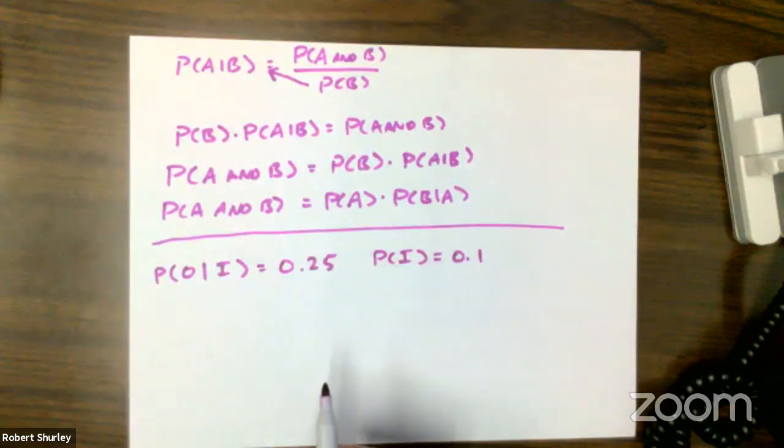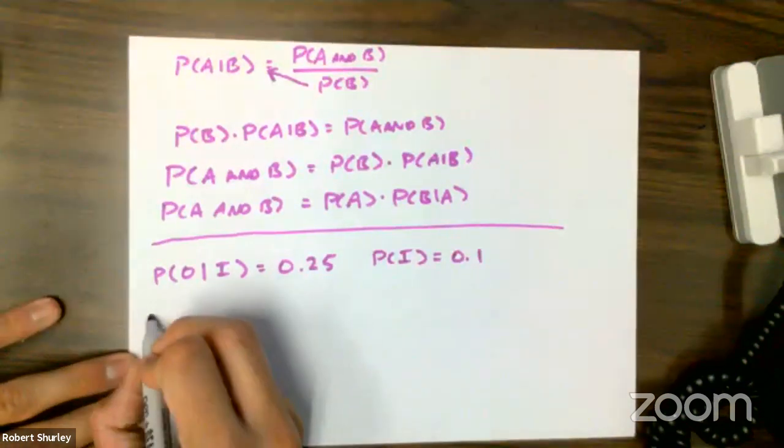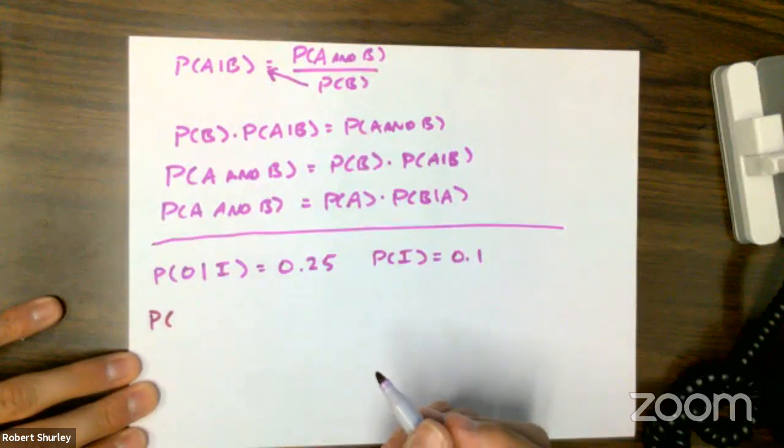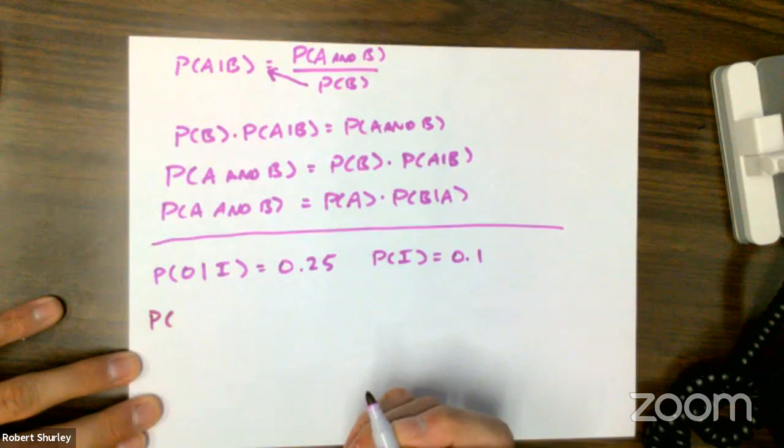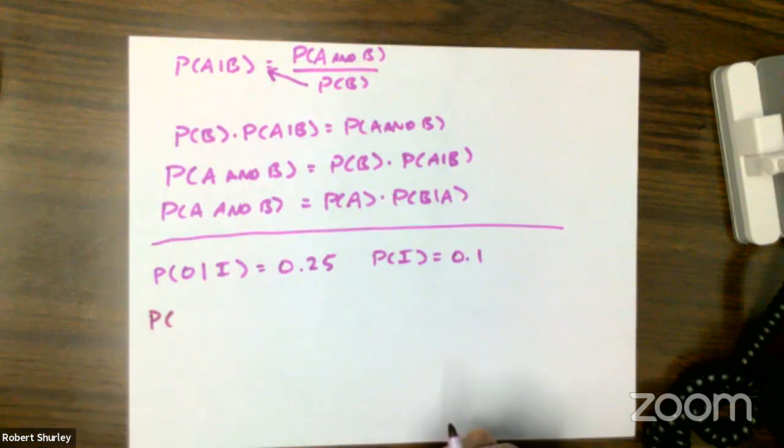But let's see. The question says, find the probability that an applicant is offered a job. That's a weird way to put this.